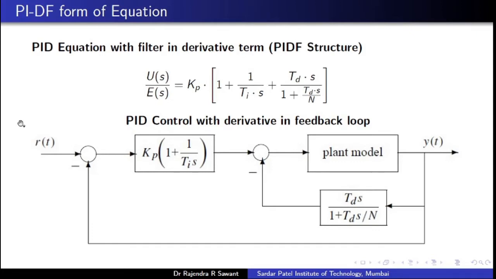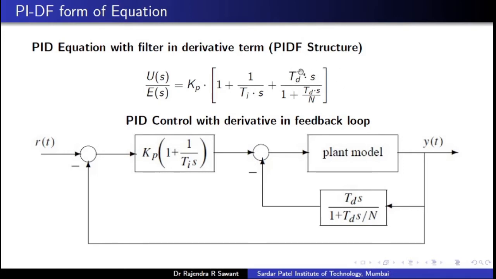The PID equation can also be written in this manner. Because sometimes there is high frequency noise present in the control system coming from the input. Now this high frequency noise is amplified because of this derivative gain.